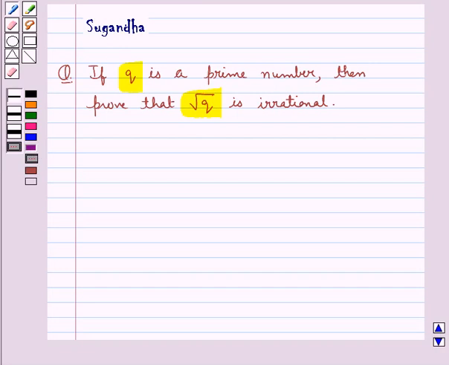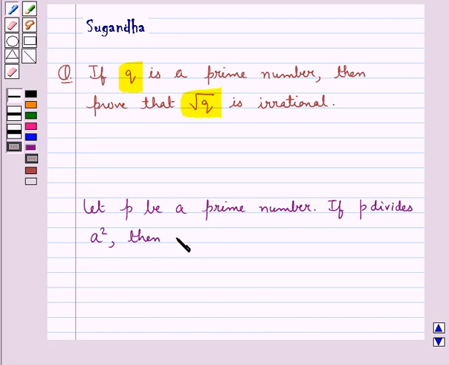Now, to prove that square root q is irrational where q is a prime number, we'll use a result which says that let p be a prime number, if p divides a square, then p divides a, where a is a positive integer.